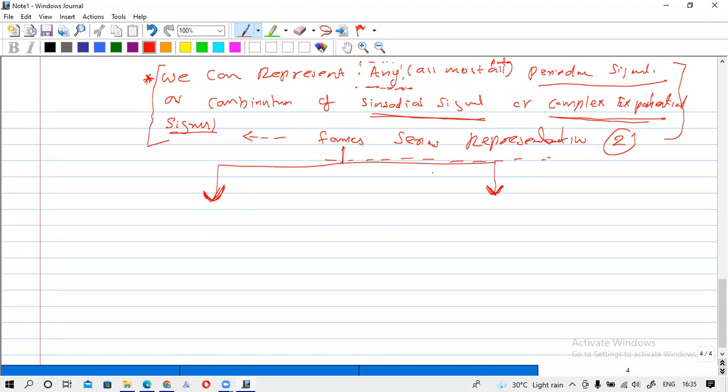One is using the complex exponential signal, so we call it the complex exponential Fourier series representation.